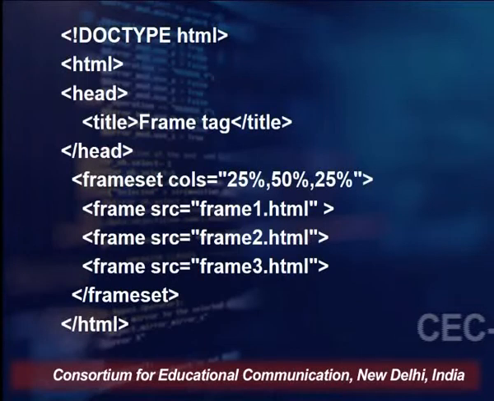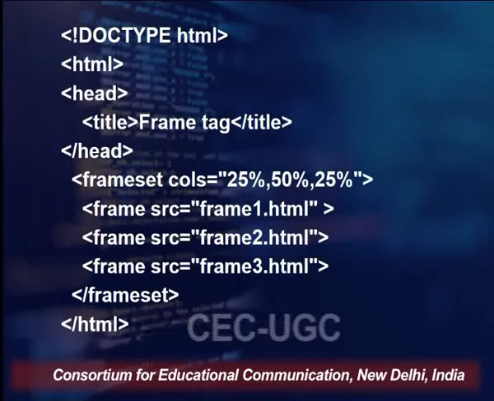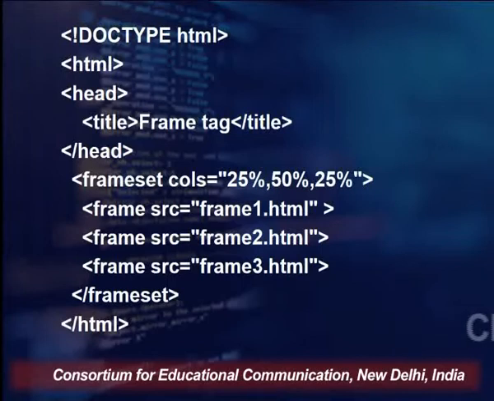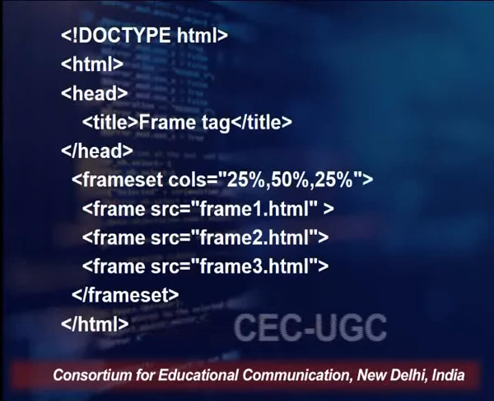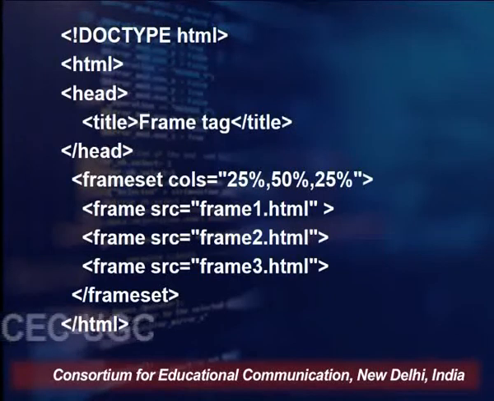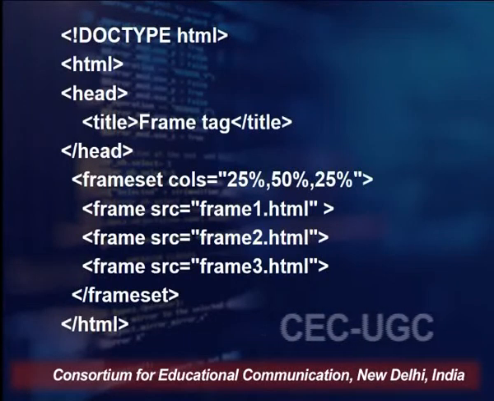We have html, then head, then a title, then head closed. After the head, we have a common habit of writing a body tag, so please avoid it here. With the body tag, frameset is not going to work, even if you combine them. So we are not going to write the body tag here.